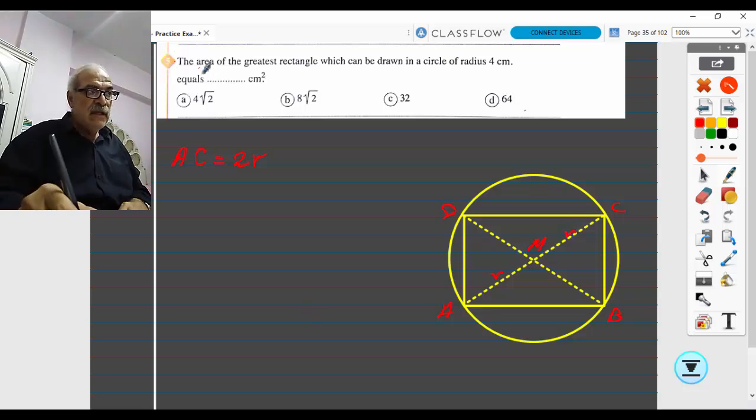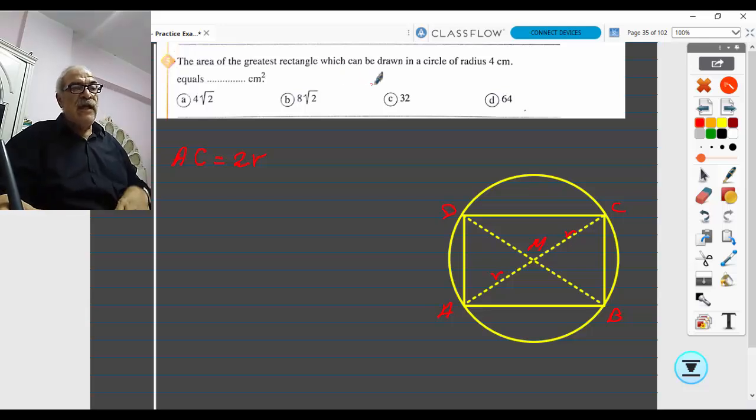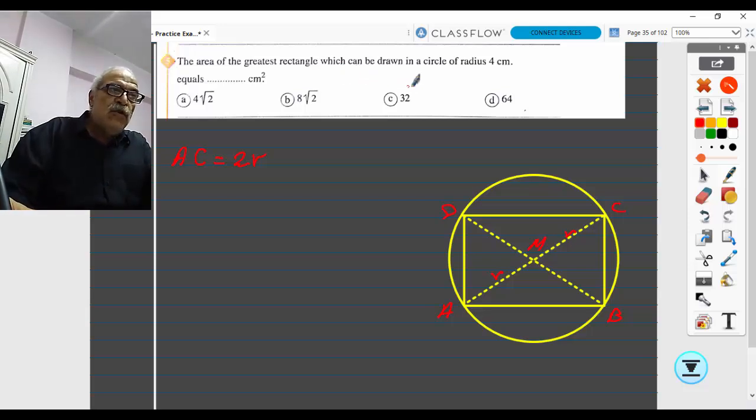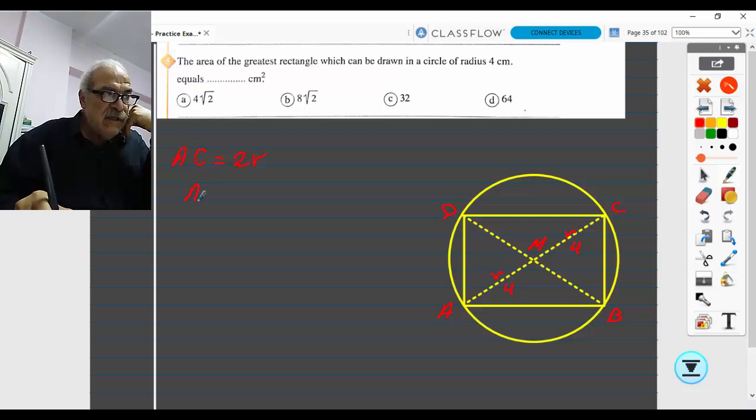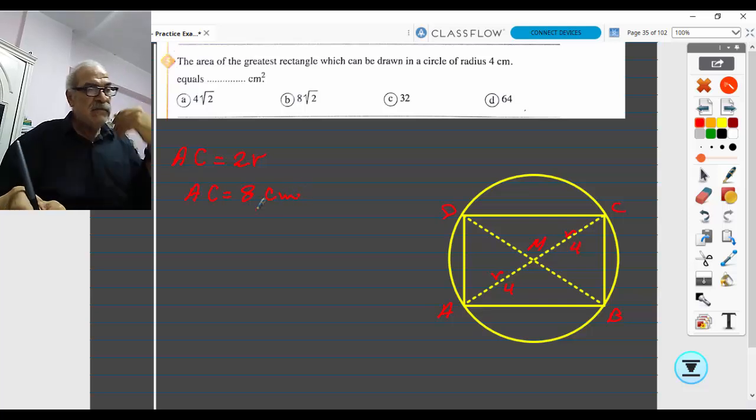Again, the greatest rectangle which can be drawn in a circle of radius equals 4. So here is 4 centimeters and here is 4 centimeters. So AC equals 2 multiply 4, which equals 8 centimeters.